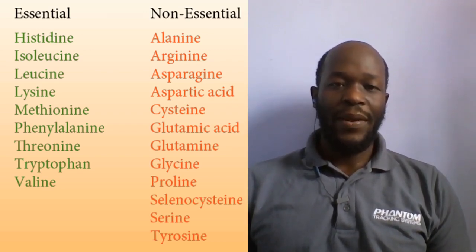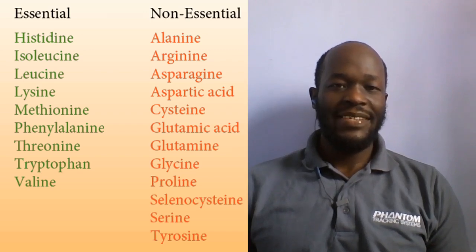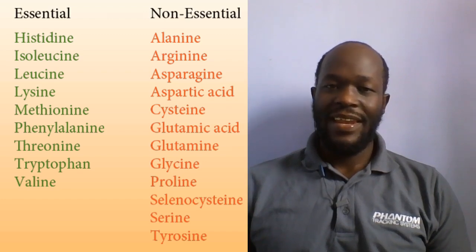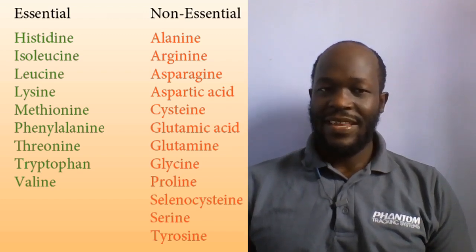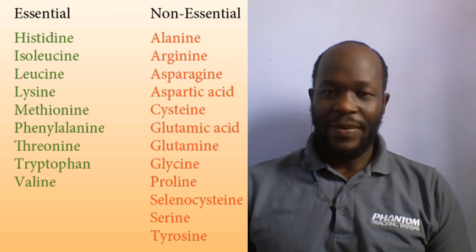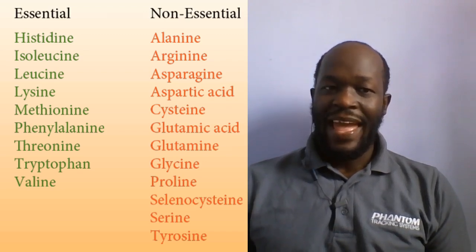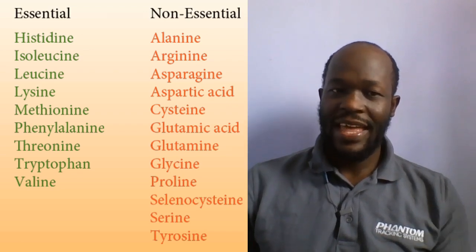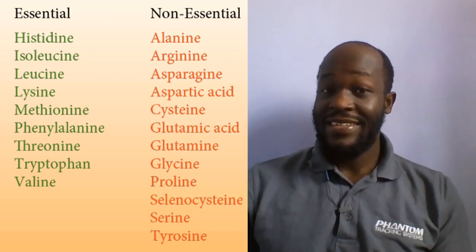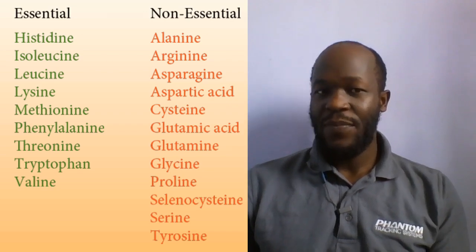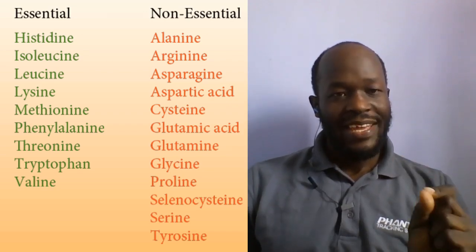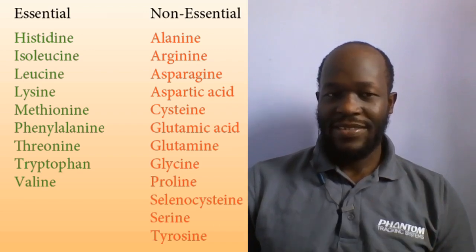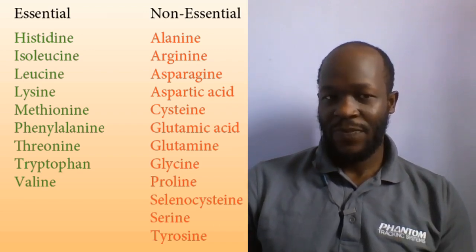A quick reminder of the amino acids that we said. We have essential amino acids and non-essential amino acids. Examples of essential amino acids are histidine, and I reminded you that histidine is a precursor for the synthesis of histamine, which we mentioned when discussing the stomach structure and function.